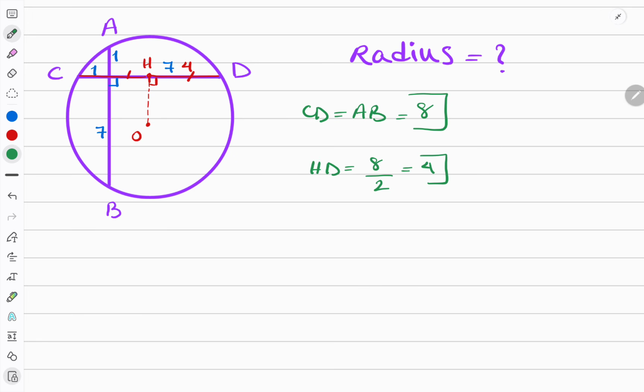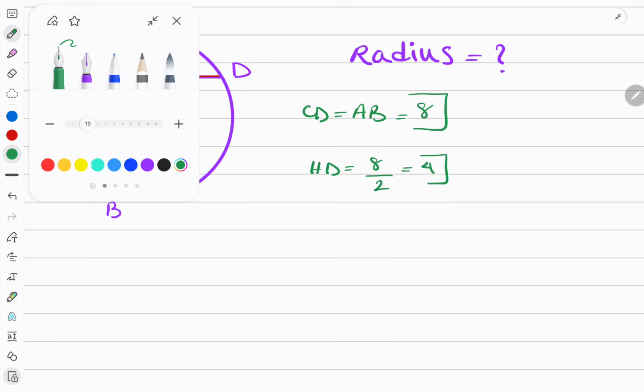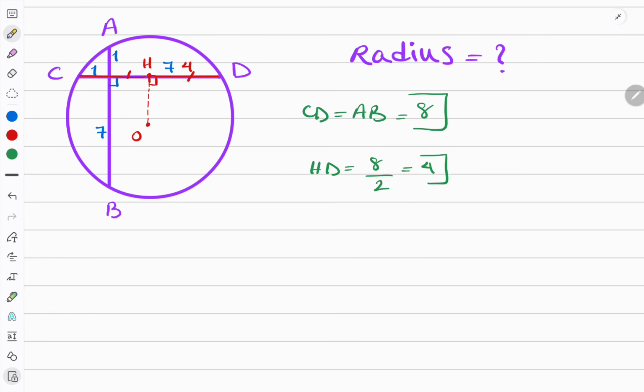And how about OH? I'm going to use another color. Okay, I'm going to draw a perpendicular line to the chord AB, and the same story. If this is H prime, so AH prime equals H prime B, because OH prime bisects the chord.